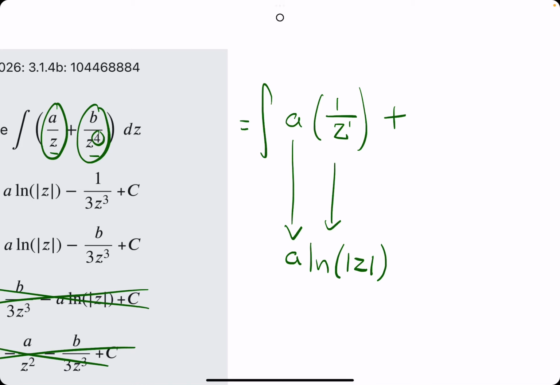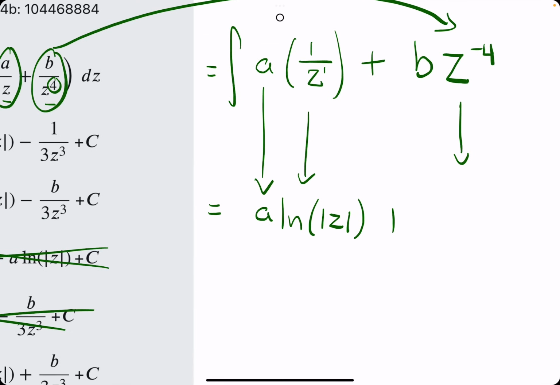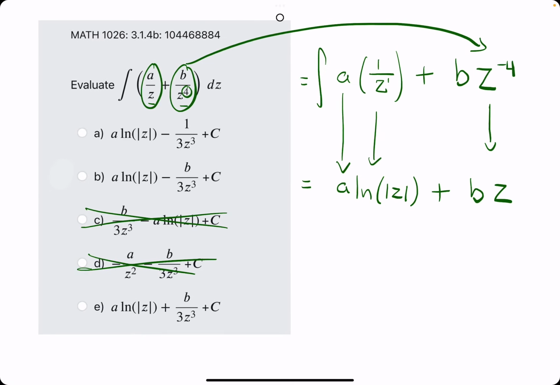How we do that is by bringing that term, z to the fourth, out of the denominator with the help of negative exponents. b over z to the fourth is equivalent to b z to the negative fourth. So this allows us to take the antiderivative by leaving the plus, leaving the b, leaving the z, but then adding 1 to its exponent.